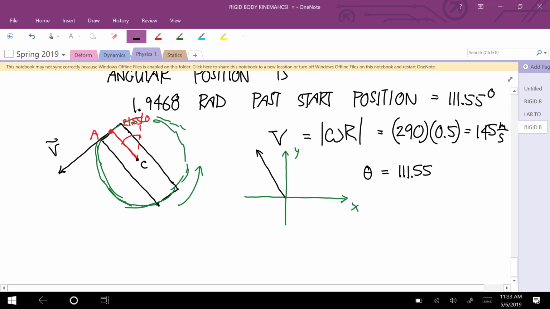And then a vector going in the direction we want, in the same direction as V, is another 90 degrees counterclockwise. And so I'll add 90 to that, and so this is equal to 201.55.